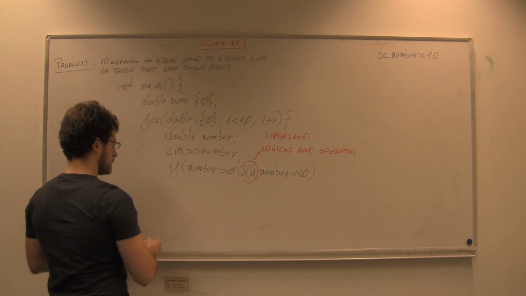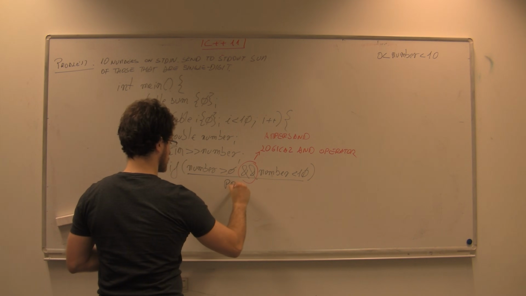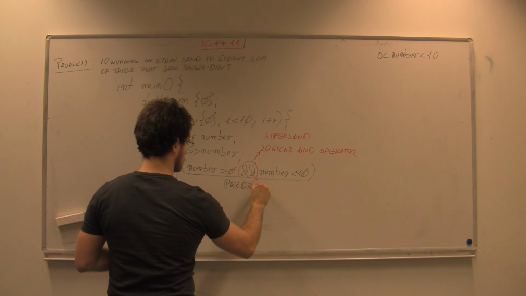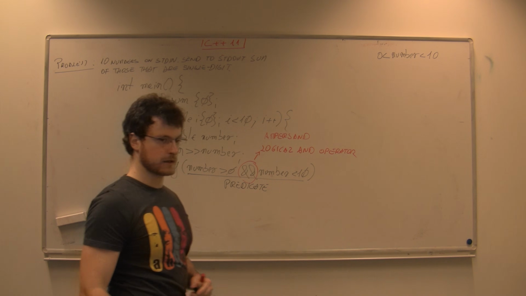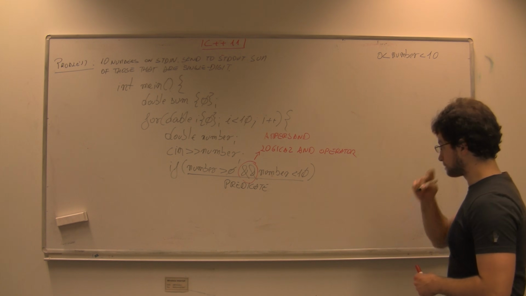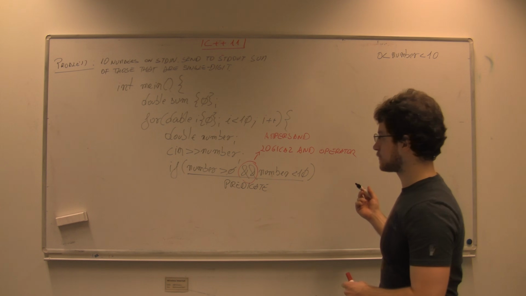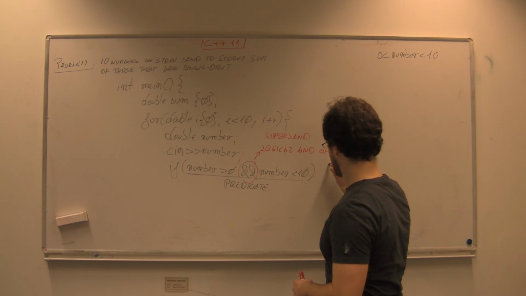And the whole thing again is a predicate. That is an expression that evaluates only to two values, either to true or false. And if this predicate holds, then we want to do our adder thing.